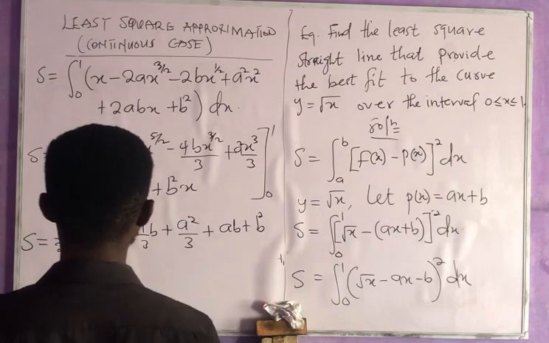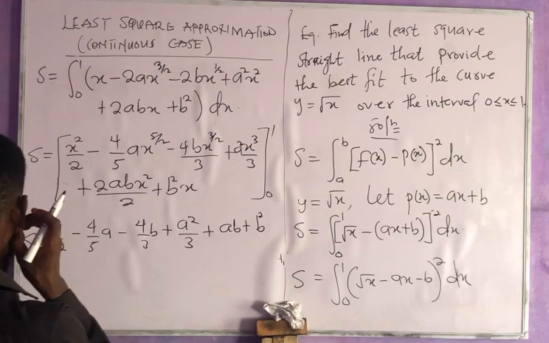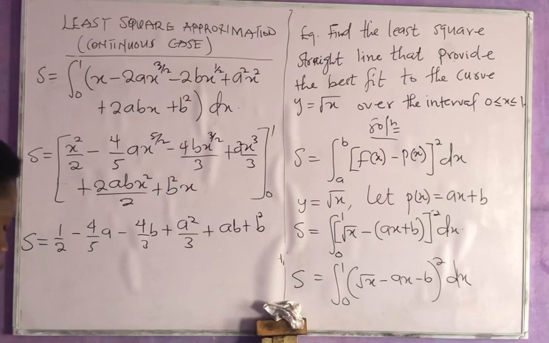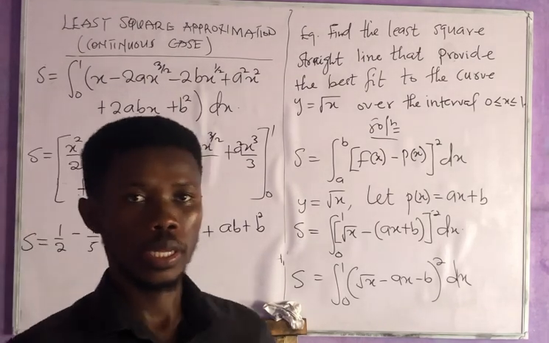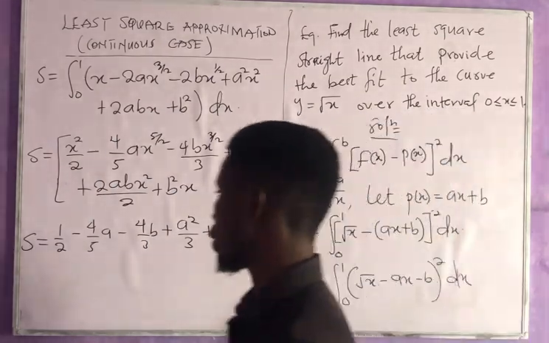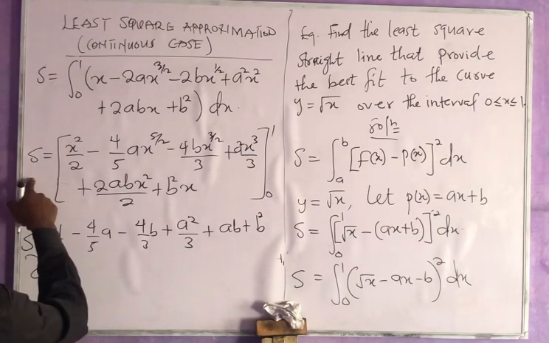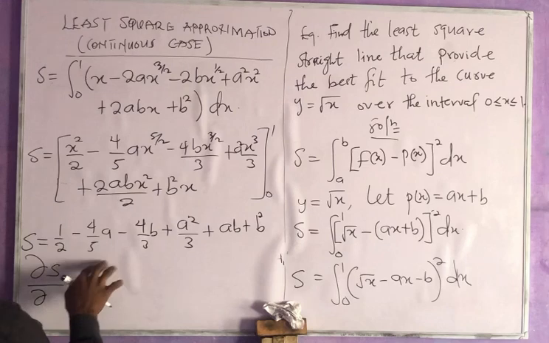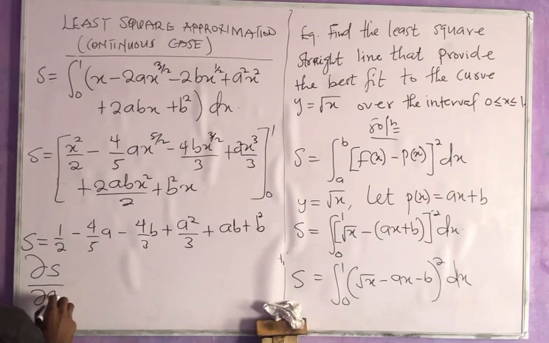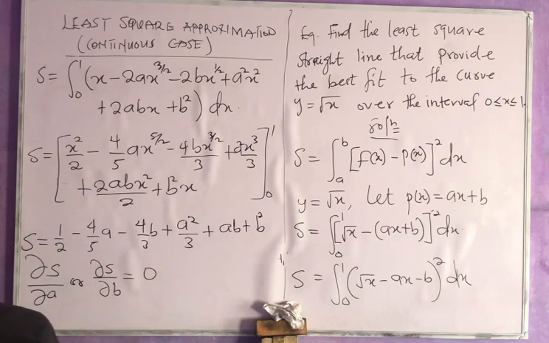So now this is what we have. What you have to understand at this particular point is that for you to minimize the error, the partial derivative of this s with respect to either a or the partial derivative of s with respect to b should give us what? 0.